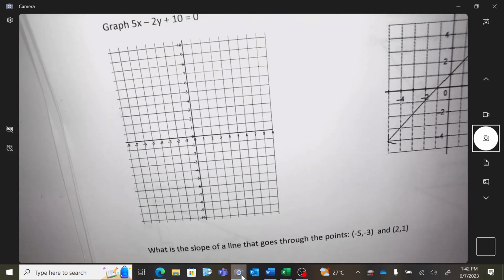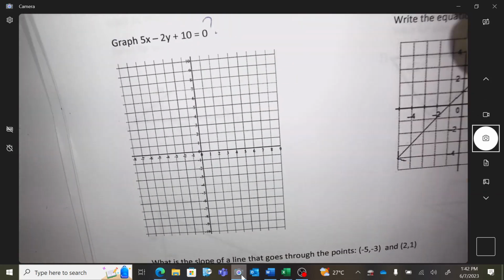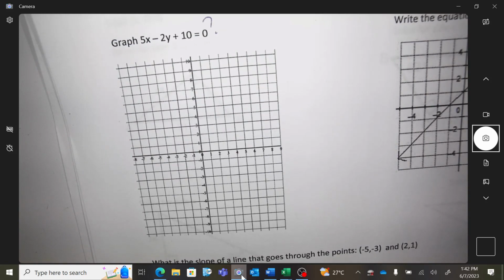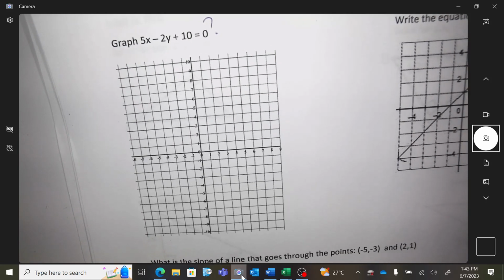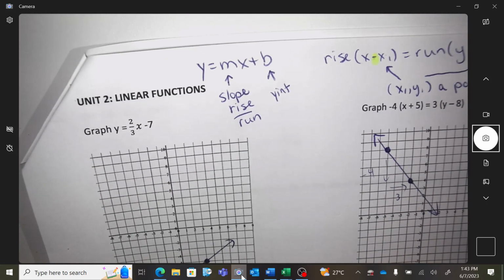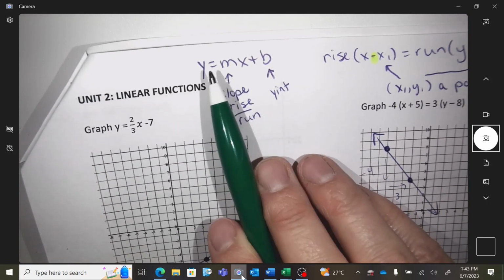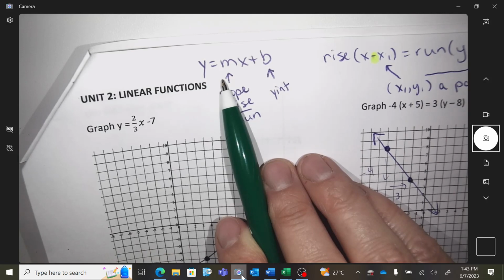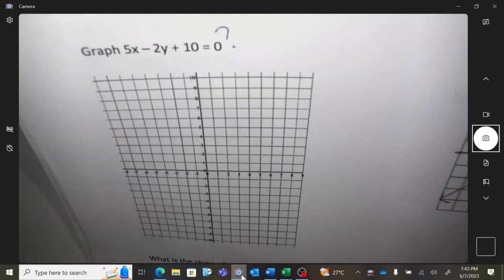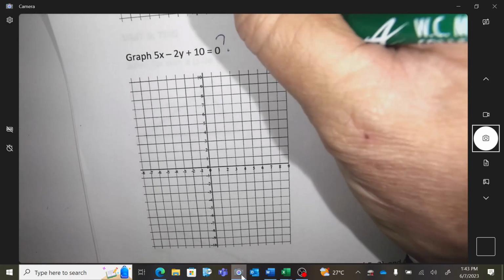Okay, what should we do with this? Yeah, get the y alone. So here's what I'm going to do. I'm going to do algebra, and I want it to look like this when I'm done, which means isolate y, get y alone. Okay, here we go.